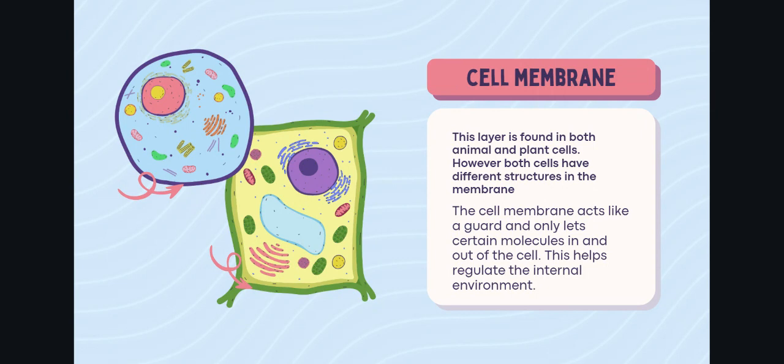If you have ever been to the mall, there are guards at the entrances, and they let only certain people in and certain people out. That's basically what the cell membrane is. It only lets certain molecules in and out of the cell. This helps regulate the internal environment, also called homeostasis.